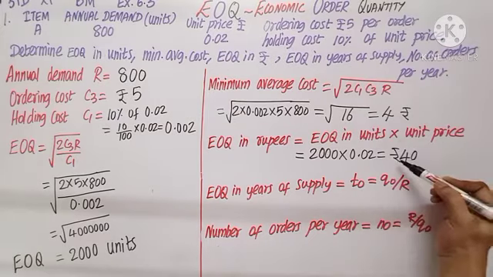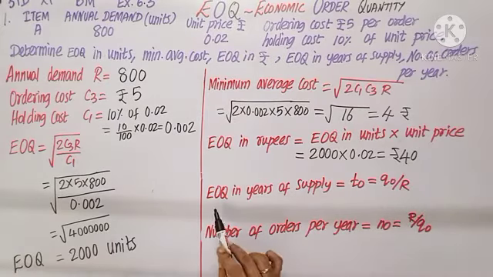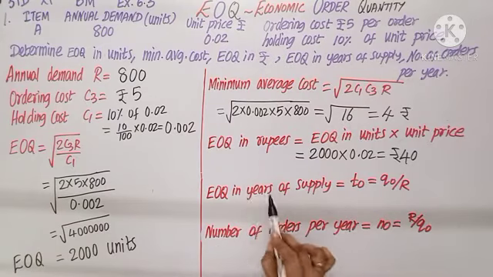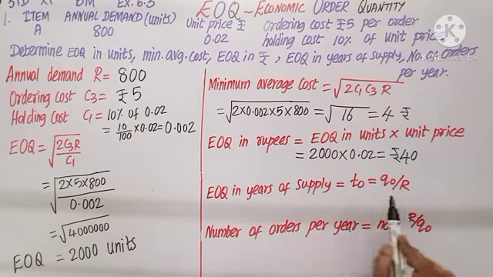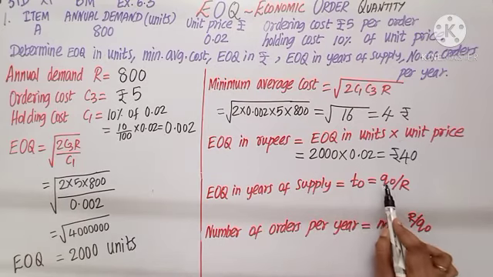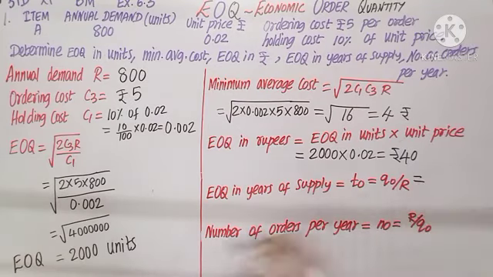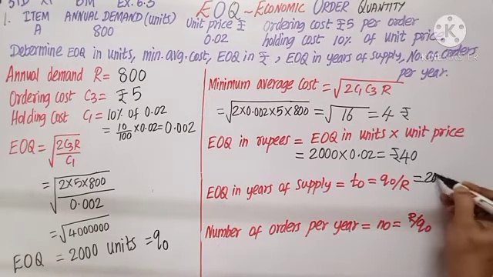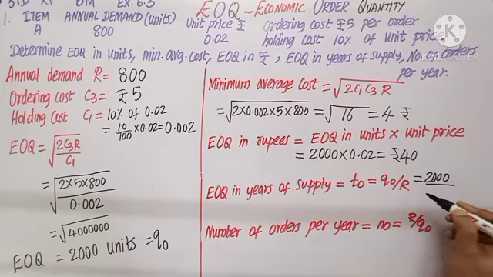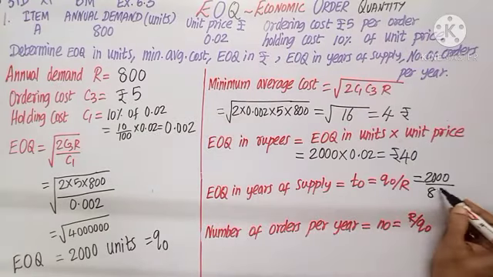So we get rupees 40. EOQ in years of supply, T naught, that is Q naught by R. Q naught is 2000 as we already calculated. Divide by R, the requirements, that is 800.